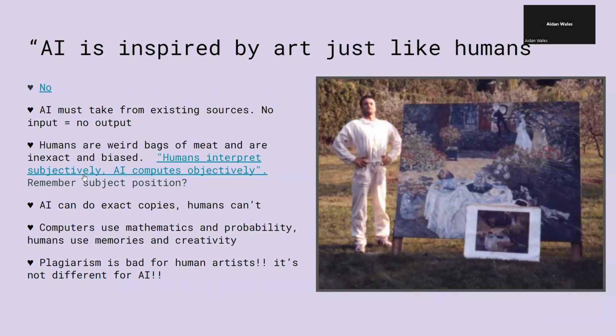Whereas, as it says down here, humans use memories and creativity, right? So also think about the fact that humans have a lot of subjectivity towards them. We're not machines. We're not cold, unfeeling calculators and computers and such, right?